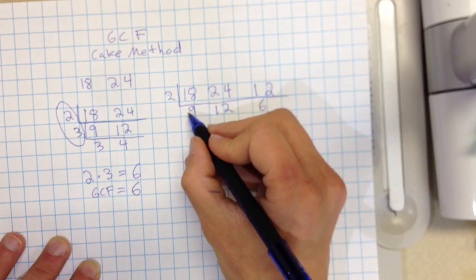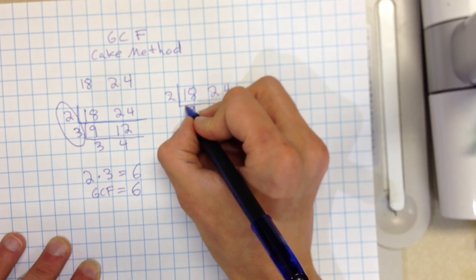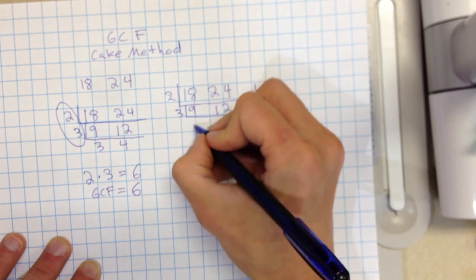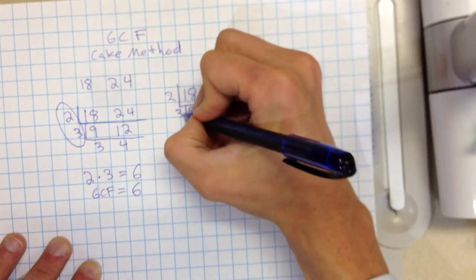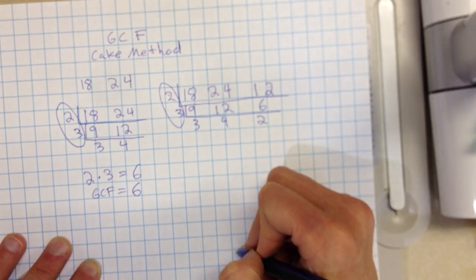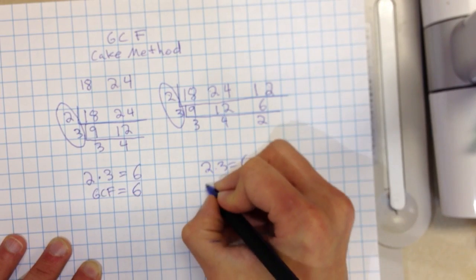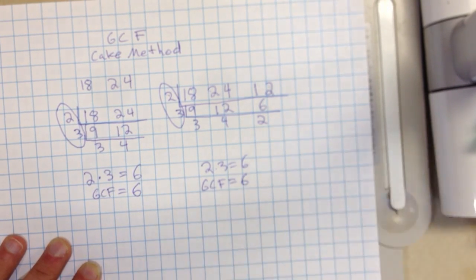And then I would look at this and I'd say, okay, can I divide them by anything else? I can divide them by 3. Can't do 2, but I can do 3. So this would give me 3, 4, and 2. 2 times 3, 6. So my GCF for these 3 numbers also equals 6.